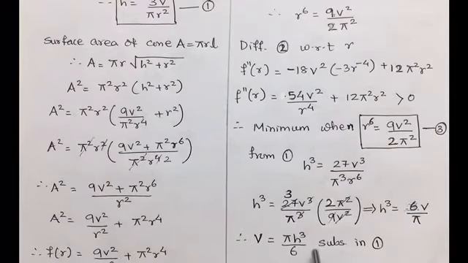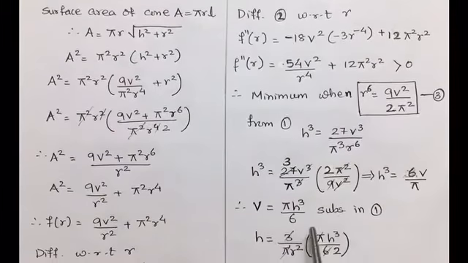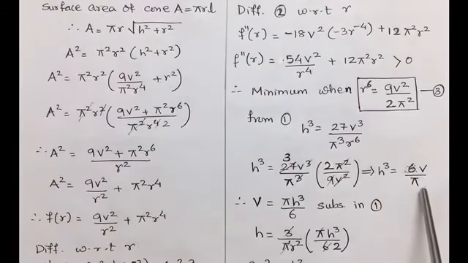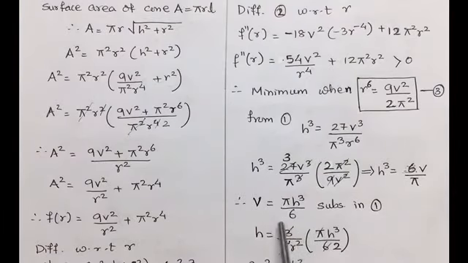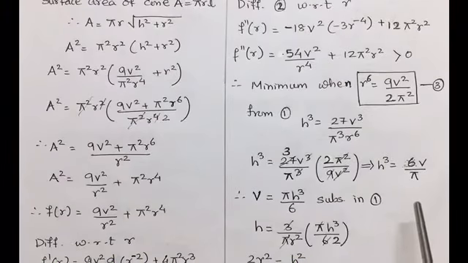Now keeping the value of h cube in the statement of volume of cone, that is 1 by 3 pi r square h.